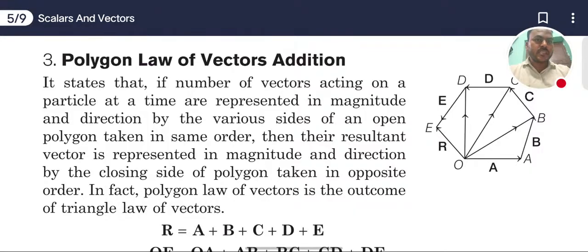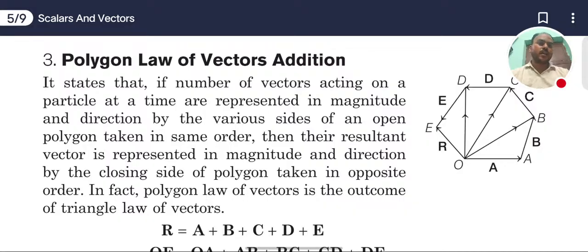So here in the polygonal law of vector addition, it is stated that between vector A and vector B, the open polygon is here. In this, vector B is considered as the third side, so this third side is open. In the A vector, the direction is similar to the B vector.